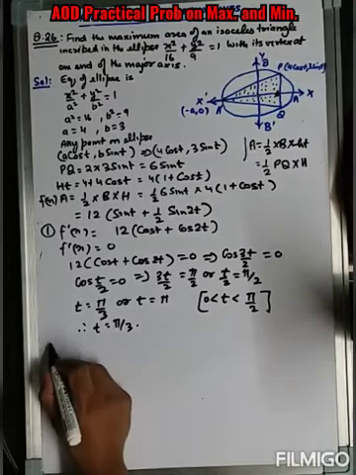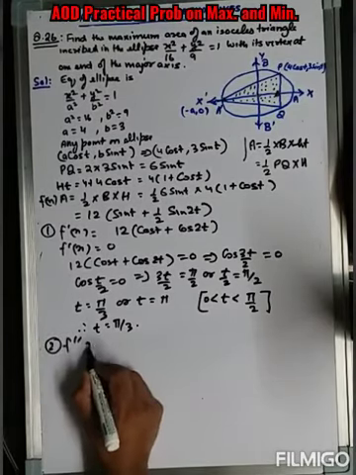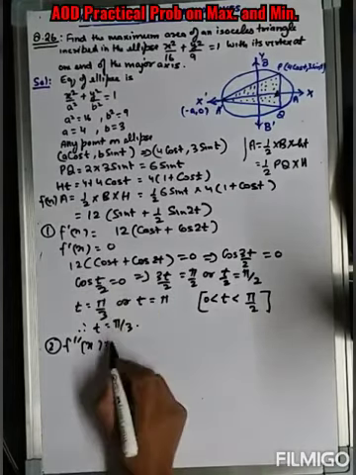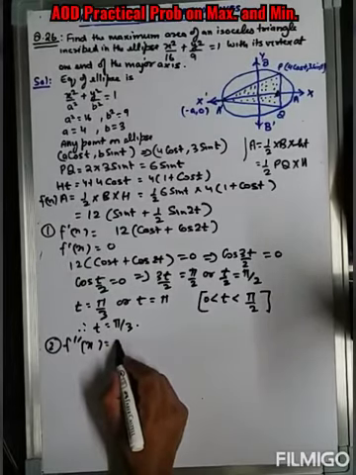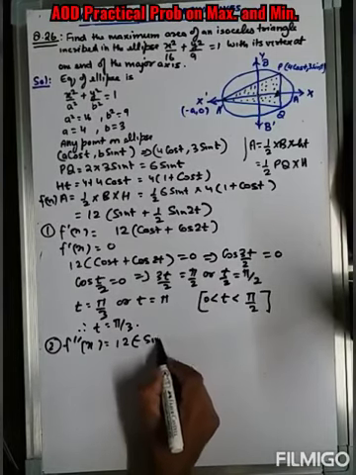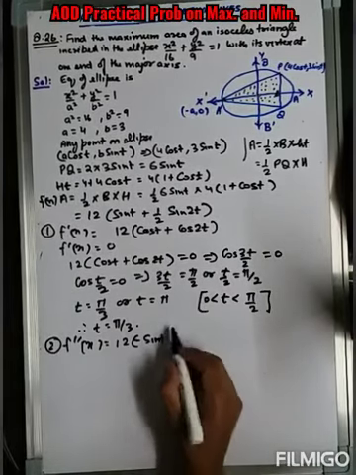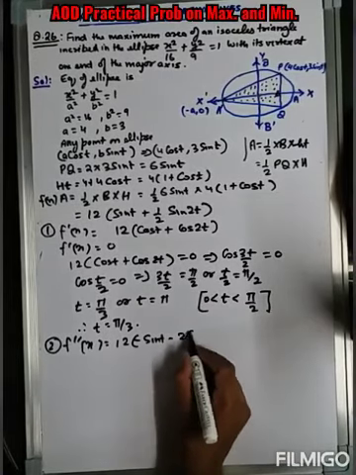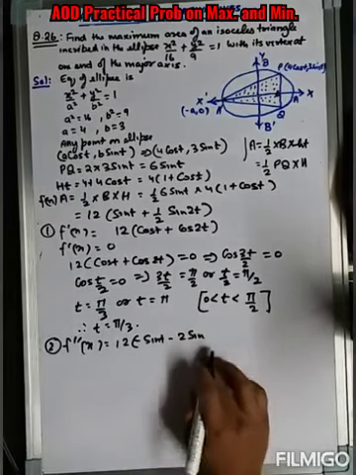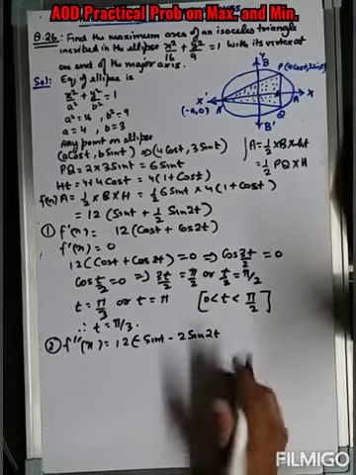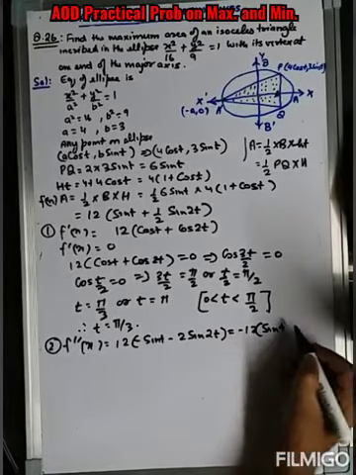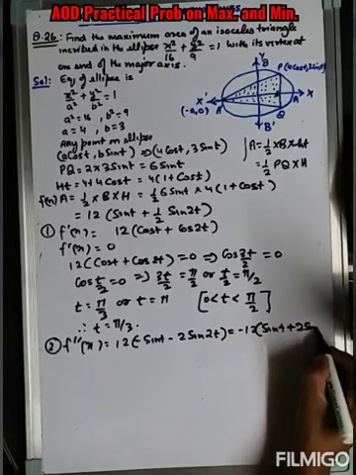Now double differentiate this value as per the second step. On differentiating, we are getting 12 times minus sin t minus 2 sin 2t, which equals minus 12 times sin t plus 2 sin 2t.